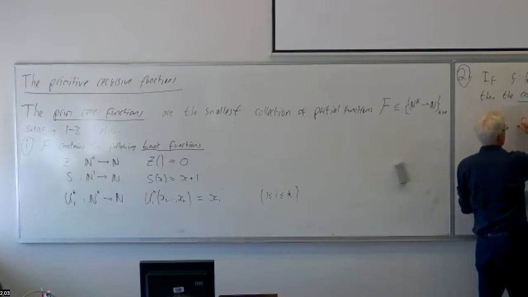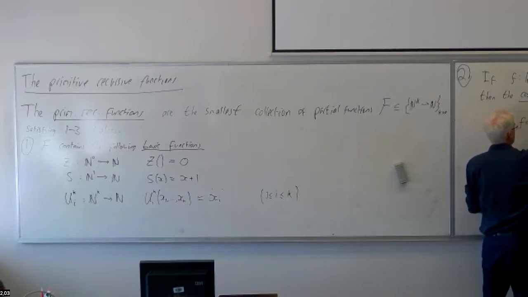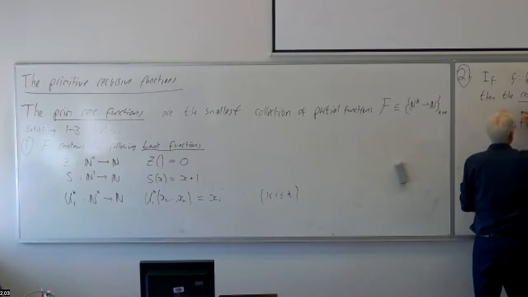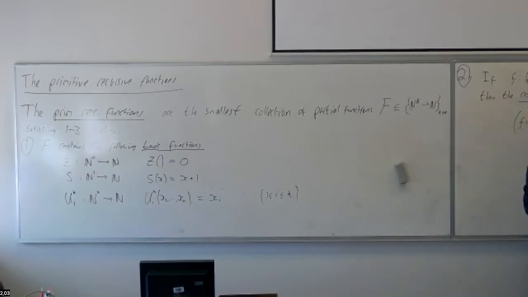Well, in the expected way, but let me write that out. So f composed with g1 to gk. Let me just clarify, that composite function is again a partial function of arity L, the same arity as g1 through to gk. So it is also in there.